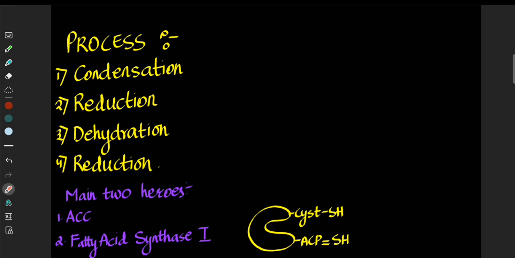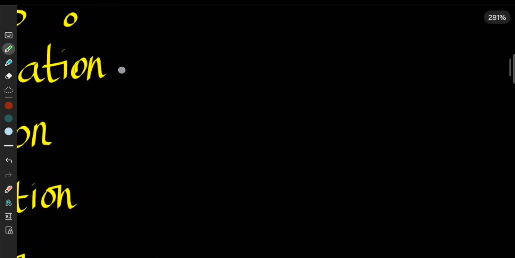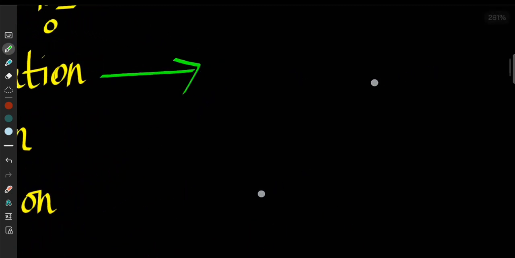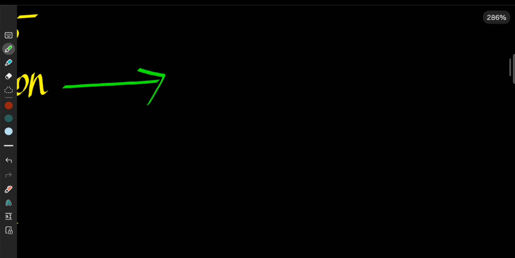The first one is the condensation, then we have the reduction, then dehydration, then again reduction. If I have to write it in short form, when we talk about condensation, we always see that a water molecule is removed.